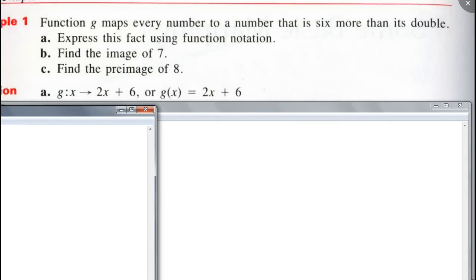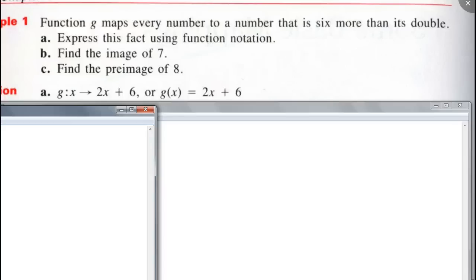Instead of function notation, mapping notation is simply, instead of an equal sign, they use what? An arrow. Instead of parentheses, they use? That's all. That's the only difference. So sometimes they give it to you in mapping notation. Sometimes they give it to you in function notation. Right, Austin? So why is this not written as 6 plus 2x, but why is it written as 2x plus 6, Austin?